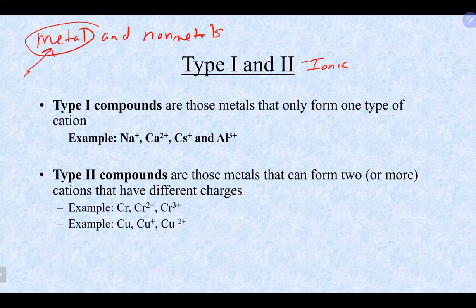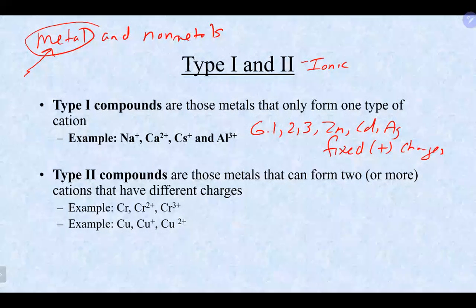So it's always the metal that you should concentrate on when you're naming something. And if the metal falls in group 1, group 2, or group 3, or if it's zinc, cadmium, or silver, they basically all have fixed positive charges, and that would mean that it's a type 1 compound.